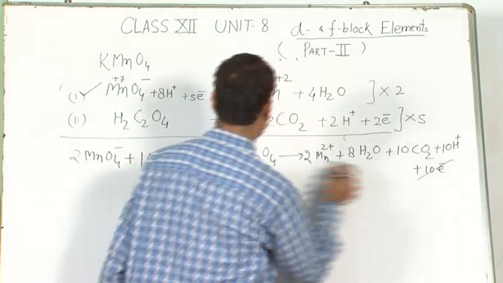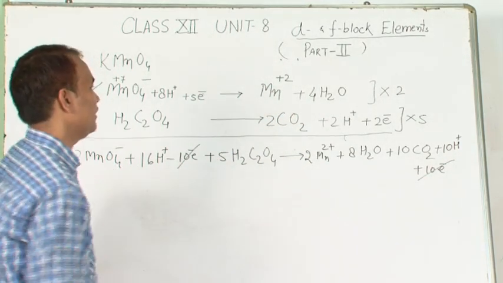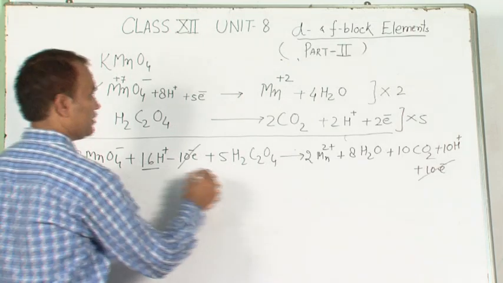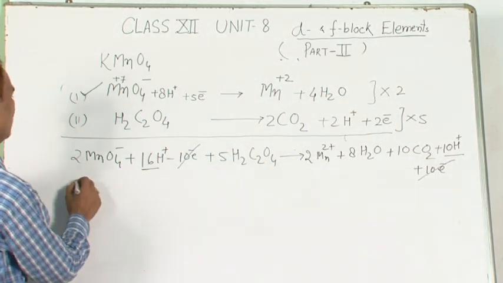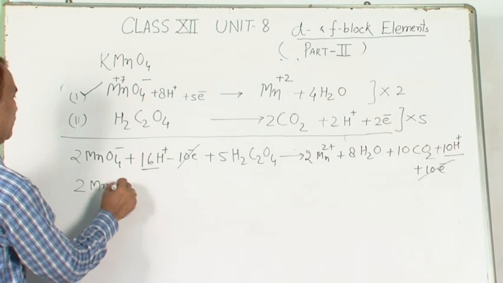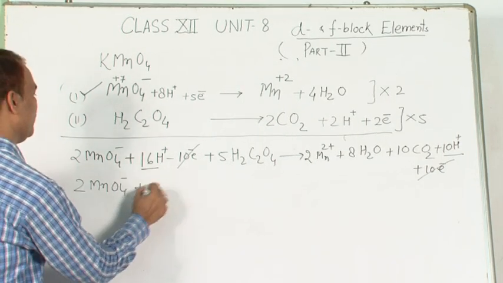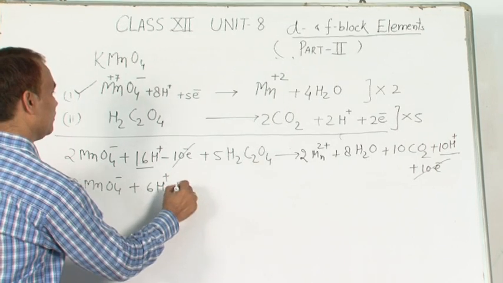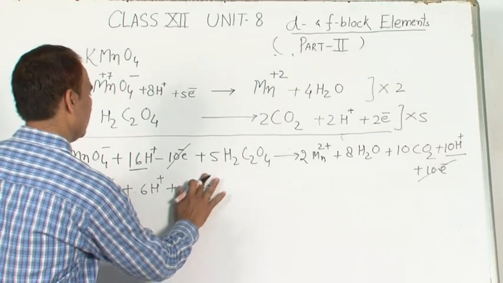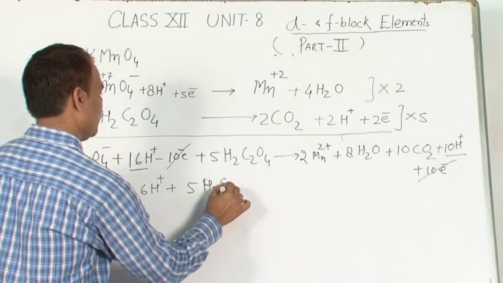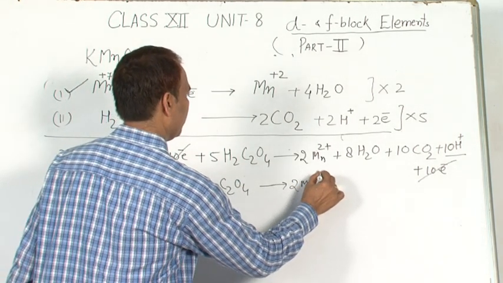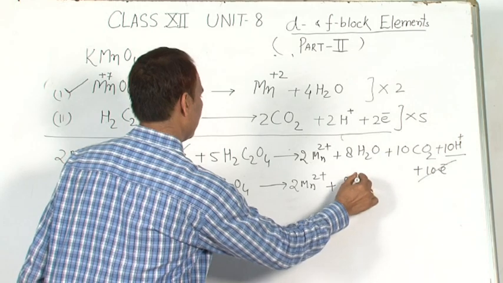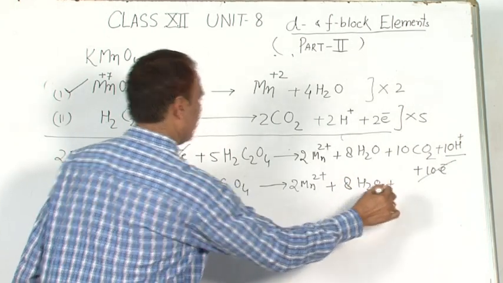Cancel the electrons, 10 electrons get cancelled. Here 16H+, 10H+, overall here will be 6H+. The final equation will be 2MnO4- plus 6H+ plus 5H2C2O4 gives 2Mn2+ plus 8H2O and 10CO2.